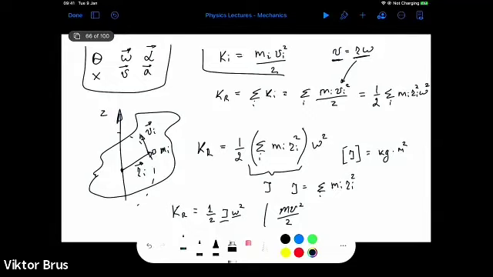Then we consider the sum over all parts of the rigid body of the product of each mass and its distance from the axis of rotation squared. And this sum we define as the moment of inertia of the body.